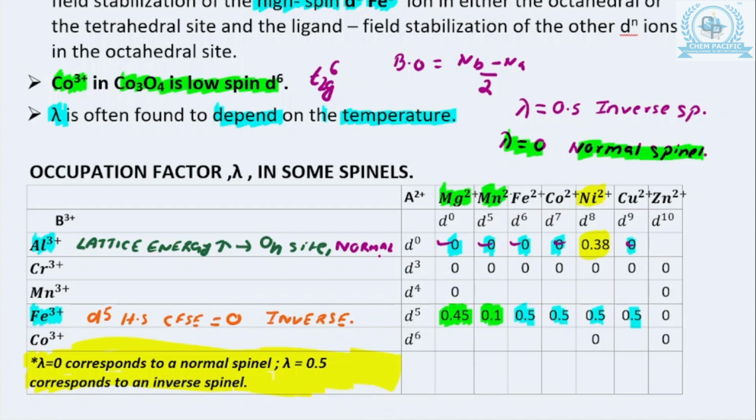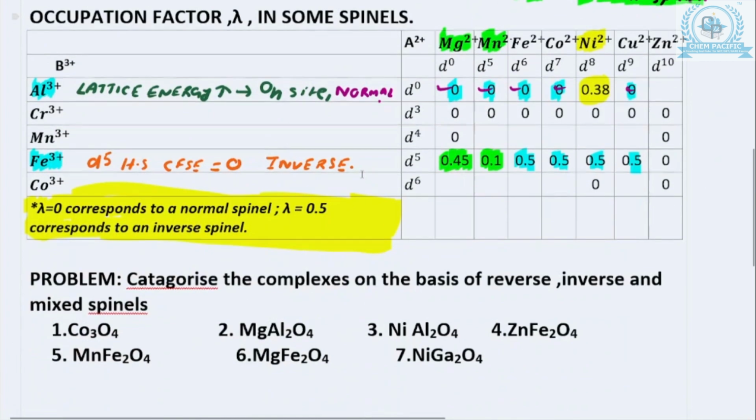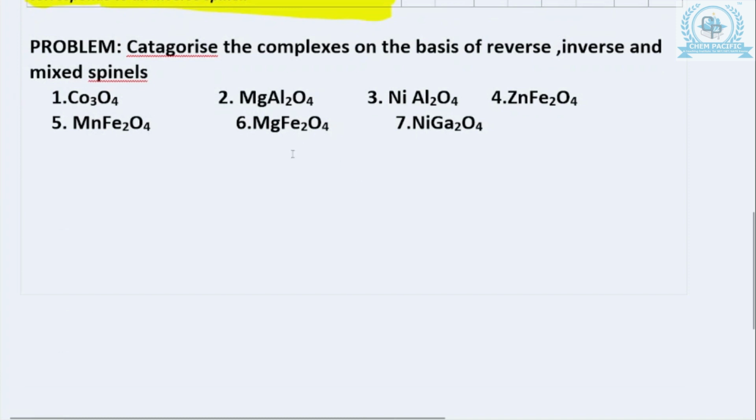If it is not normal or inverse, इसका वैल्यू अगर completely 0 या 0.5 नहीं है डेफिनेटली उसमें कुछ abnormality है and what is that वो भी हम बहुत अच्छे से डिस्कस करेंगे. Now let us move on to solve some of the problems.